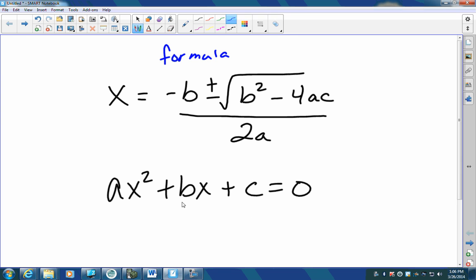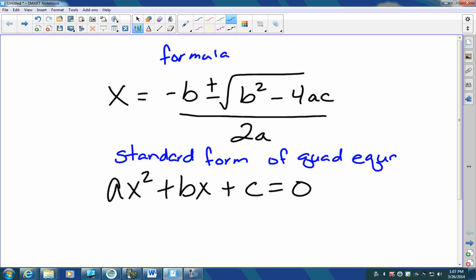Guess where you're getting it from? From your equation that's in standard form. So this is the standard form of a quadratic equation. You want that down on your paper so that you have it and know it, so you can refer back to it as we go through.